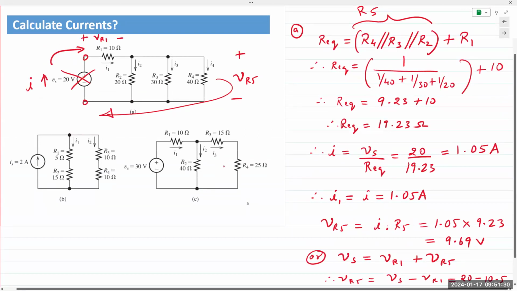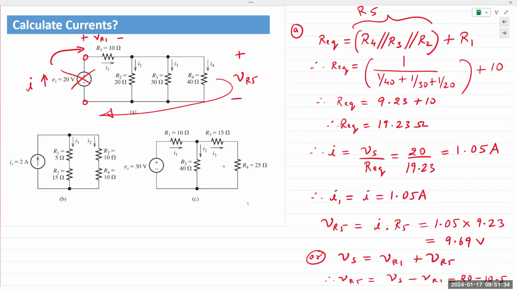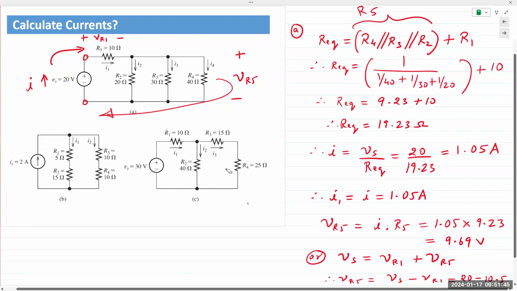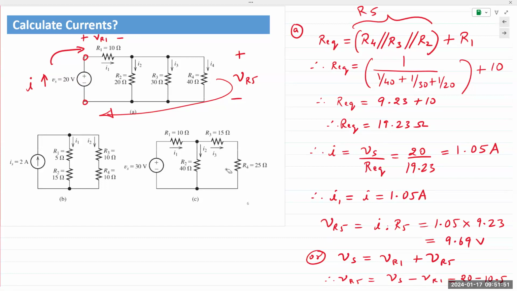Again, current is going from left to right, point of entry is positive, point of exit is negative, and I keep the same polarity convention going forward for the other 3 resistors. So I apply KVL. I know Vs is 20. 20 minus VR1 should give me VR5. That comes out to be 10.5.